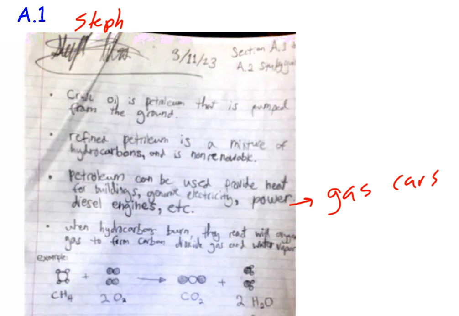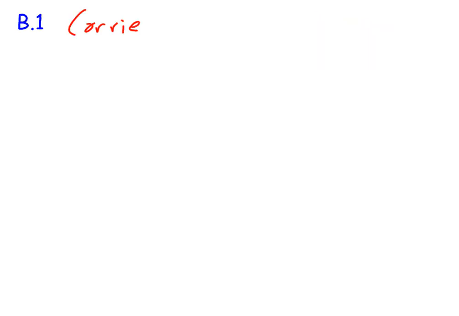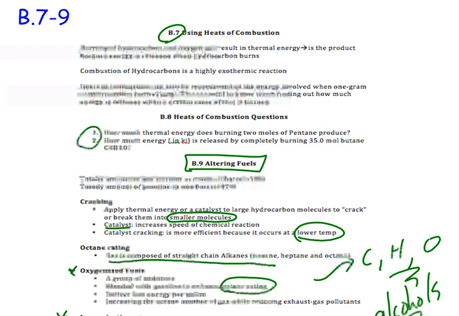All right. So what have we got? How much thermal energy does burning 2 moles of pentane produce? Maybe this isn't horribly difficult. So 2 moles of pentane, which would be C5H12, over 1.